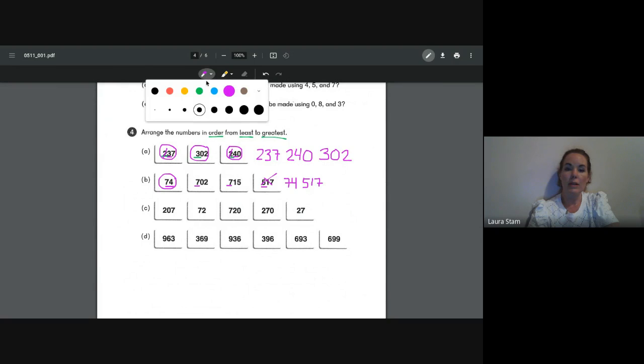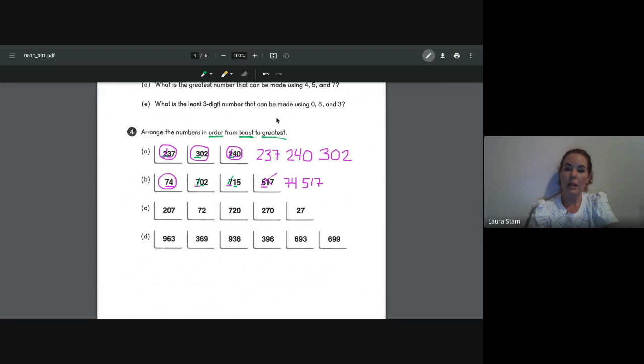Now, we already know that those 7s are the same. They're not going to help us, so cross them out. Let's underline this tens place. Okay, so we have a 0 and we have a 1. Well, 0 is smaller than 1. So this is going to be my next number.